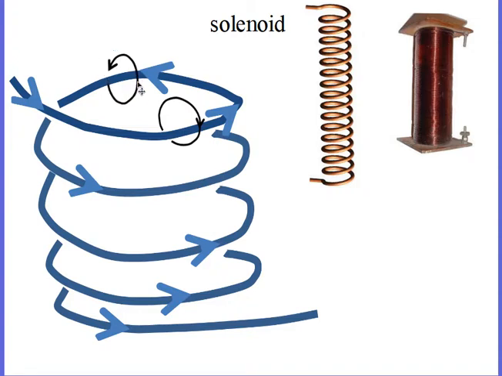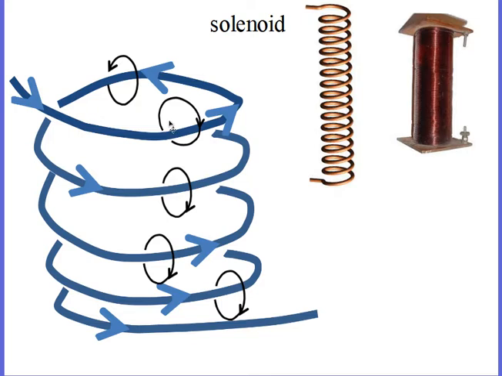Back here, you point your thumb in the direction and your fingers are going around like that. And here, the magnetic field encircling the wire.